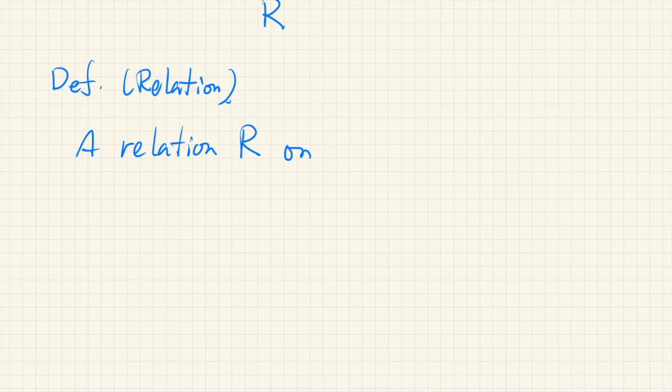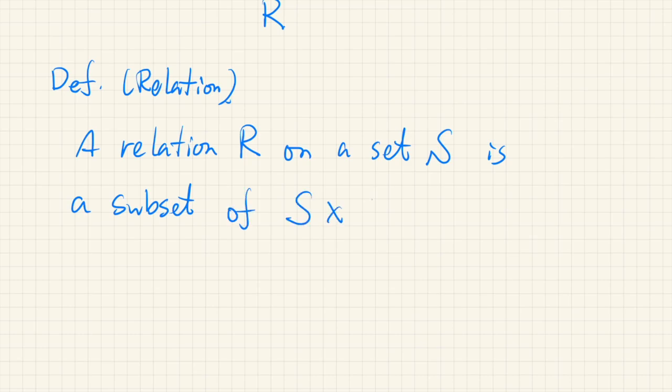On a set S, a relation R is a subset of S times S. This is a Cartesian product between S and S. That is the definition of a relation.